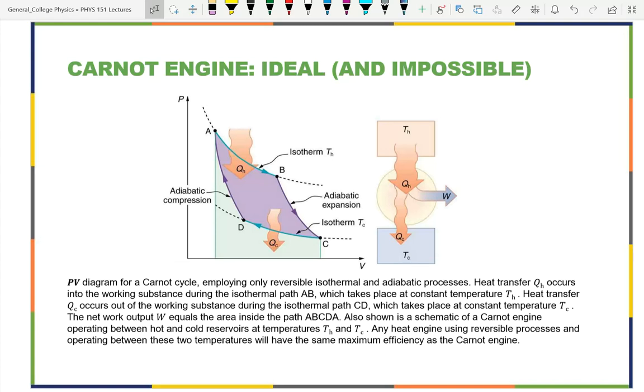But why it's useful is because you have the heat flows in, obviously not on an adiabatic process, but on the isothermal process. And for the isothermal process, heat is proportional to temperature.